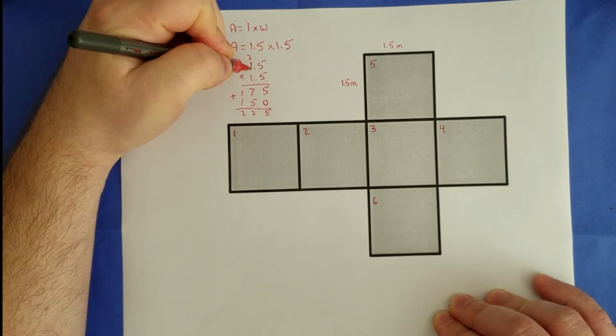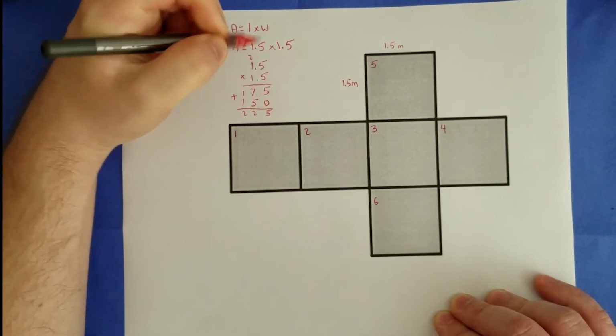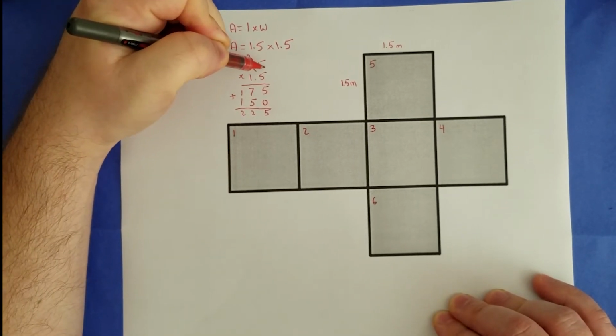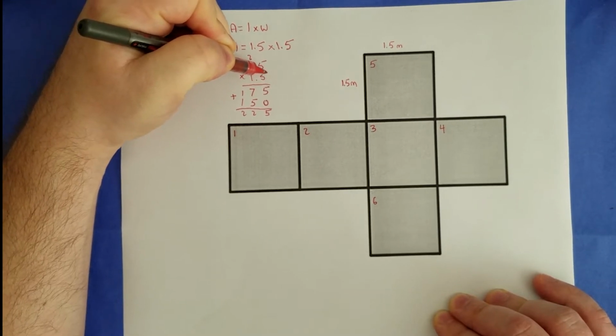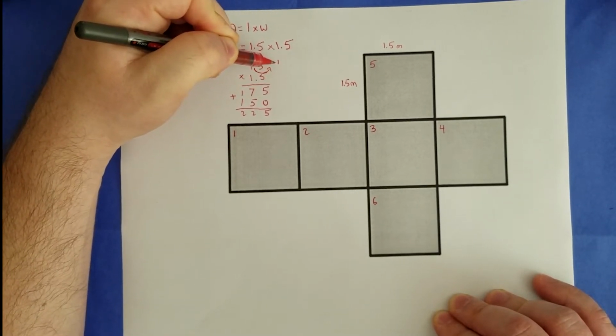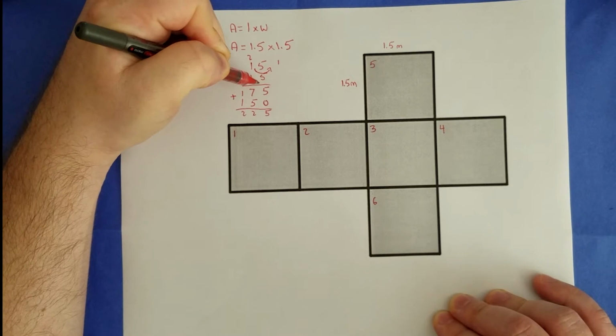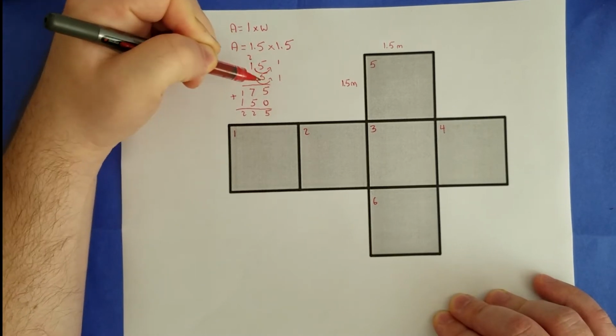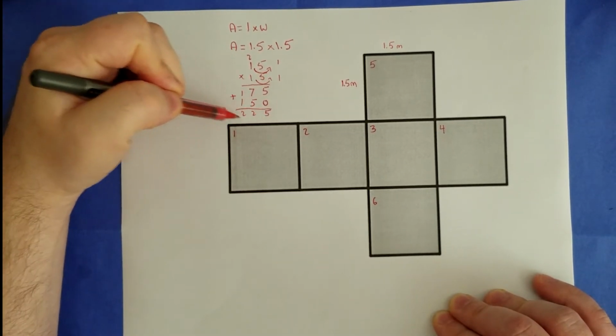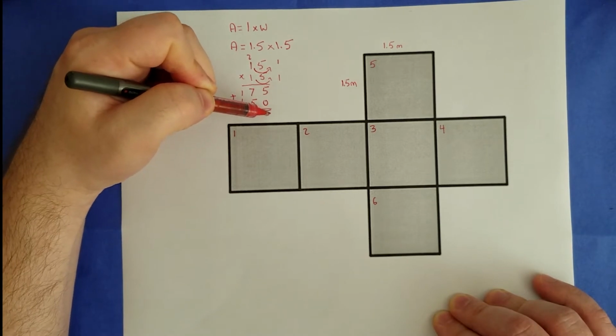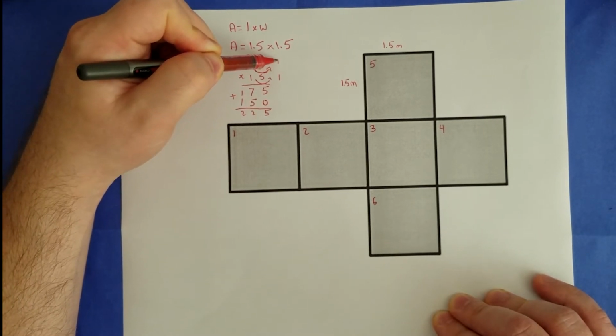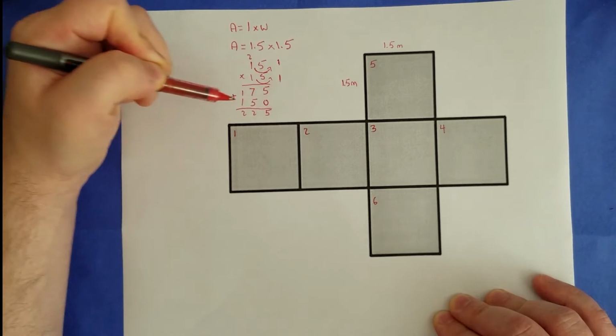Now, don't forget we have a decimal in this number. Remember, when we multiply decimals, we often pretend that we don't have that decimal by removing it. So we're going to move that decimal out 1 space. In this decimal, we're going to move it out 1 space. So in our product, we need to now put that decimal back in. 1 space, 2 spaces.